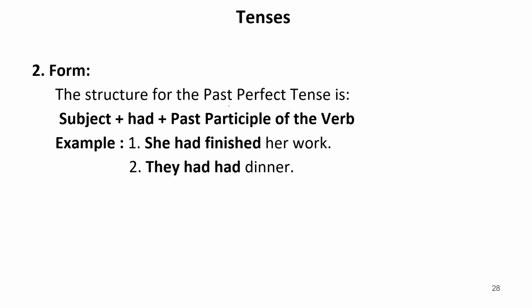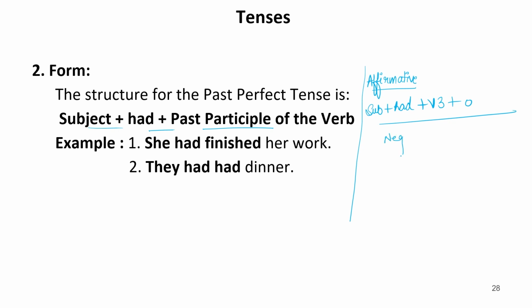Now the structure for past perfect tense is subject plus had plus past participle of the verb. It means in affirmative sentences we have subject plus had plus verb third form plus object.